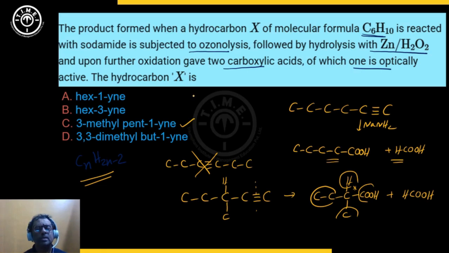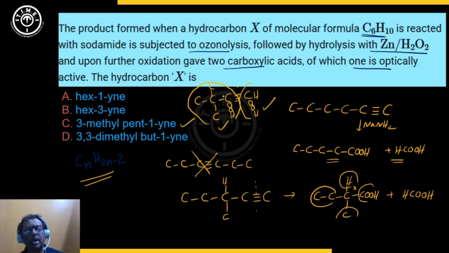Let us look at this part. 3,3-dimethylbut-1-yne. 3,3-dimethyl. This part is going to break. This will become COOH. And this carboxylic acid is also not chiral. That is also going to be HCOOH, formic acid. And this acid has not got any chiral carbon.